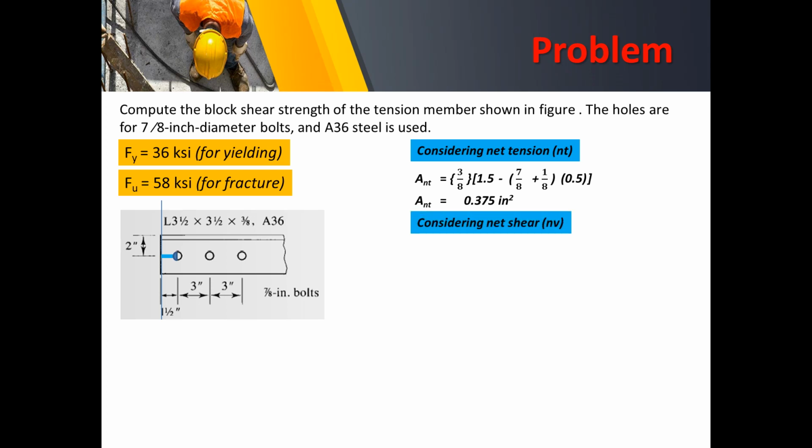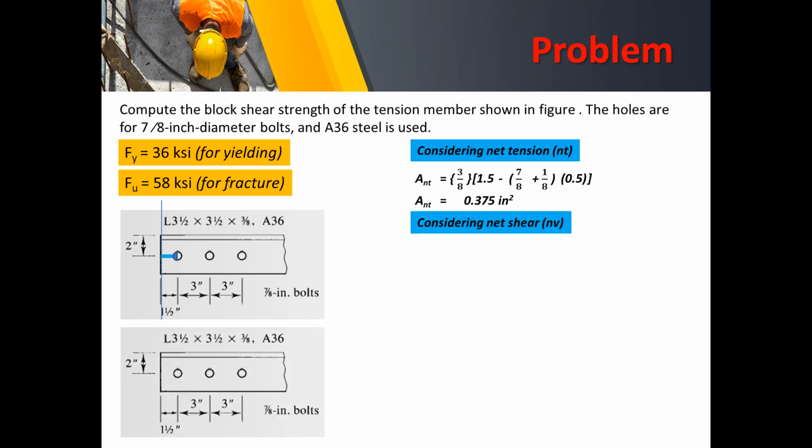Moving on to the net shear, this is the edge, and then the shear extends up to the last bolt. So this length times the thickness is the net shear area. The net shear area here is equal to, first the thickness, and then that length.